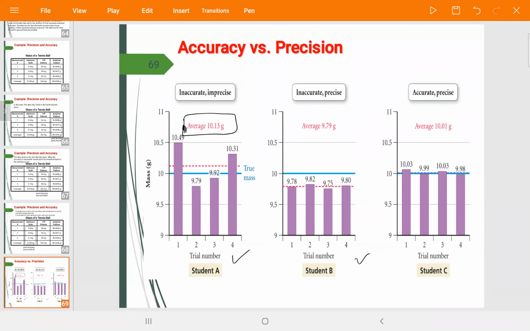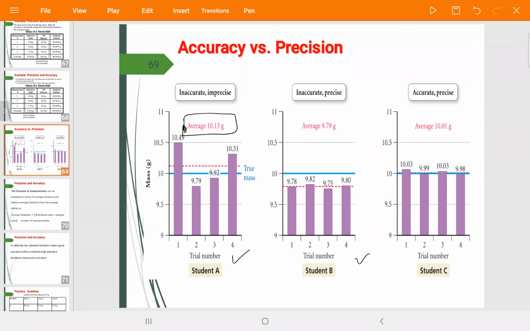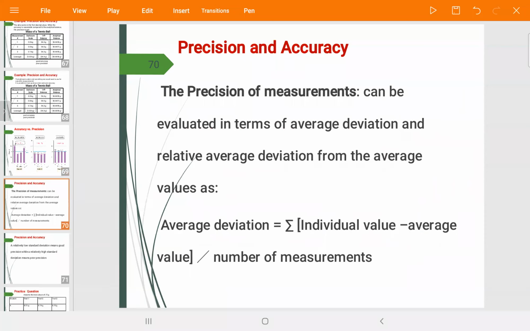Because these values are closer to the true value than the other two. And also, these measured values are precise because they are closer to each other. All right, is this clear? So we have seen this.